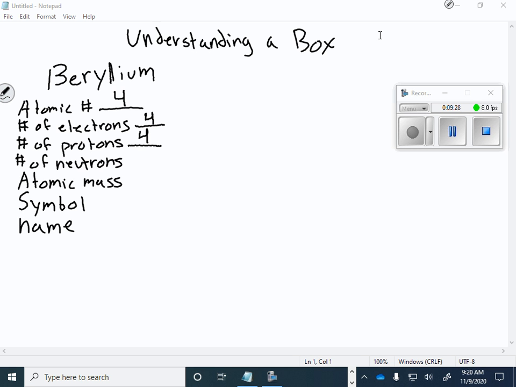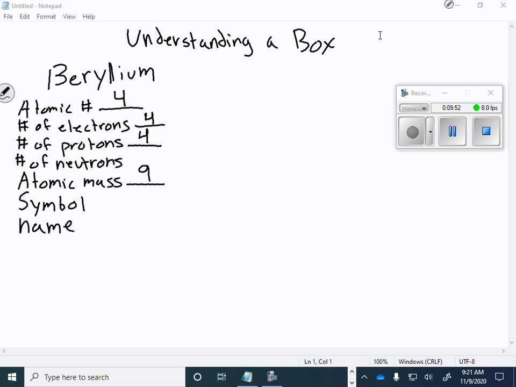Okay, next, the atomic mass is that bottom number. And so beryllium has an atomic mass of 9.012. We're going to round it, like I said, to the whole number. The 0 is closest to the low, like it's under 5, so we'll go to the next lowest one, which is 9.